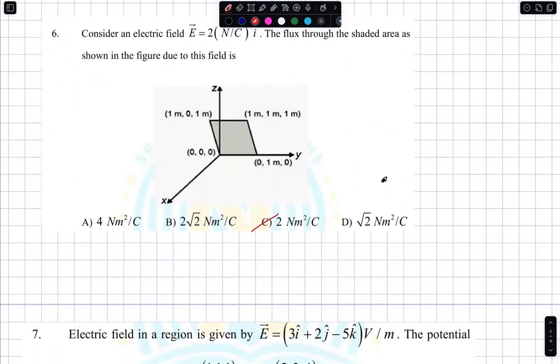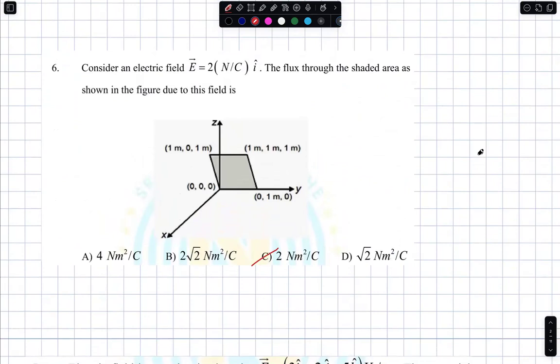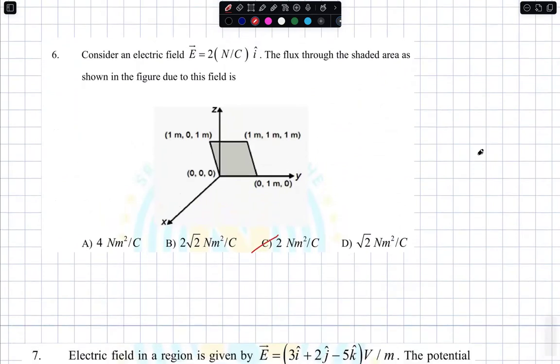Sixth question. You consider an electric field, given the flux through the shaded area. See, what is the normal drawn to this? The normal drawn to this will be 1 by root 2 i cap minus 1 by root 2 j cap.